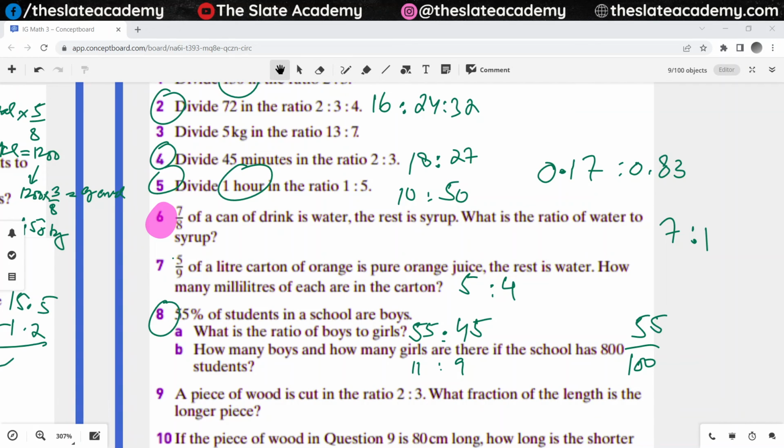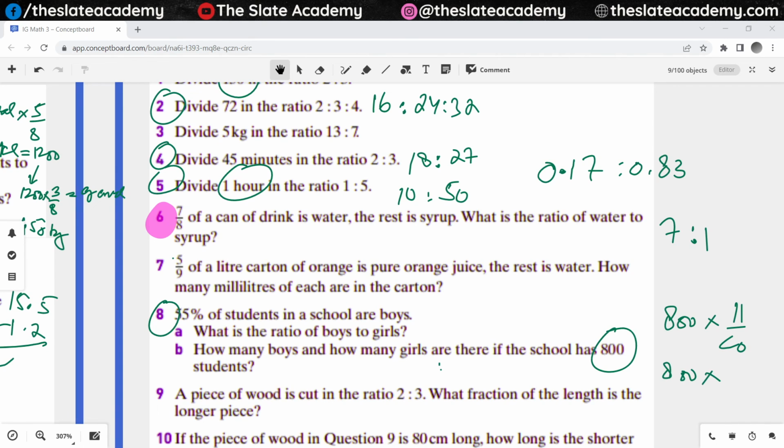All right, quickly, part B. Madam, there are 800 students. Regardless of the ratio that you have calculated, one way to do that, as we have just learned, if we have a ratio of something, ratio is 11 is to 9. So 800 into 11 out of 20, that would be boys, and 800 into 9 out of 20, that would be girls.